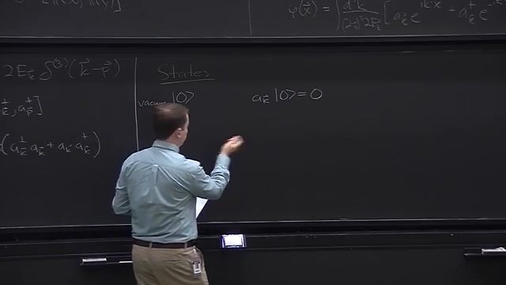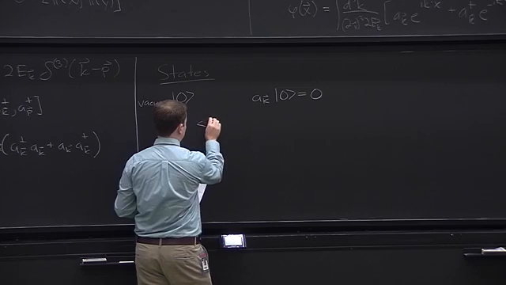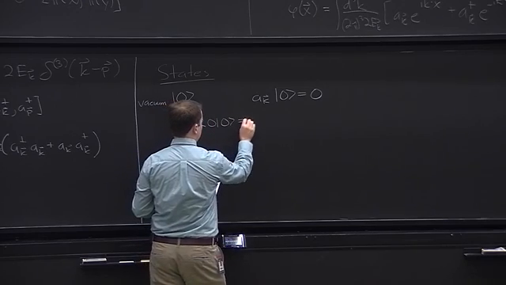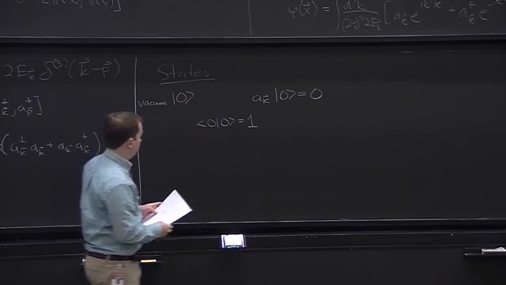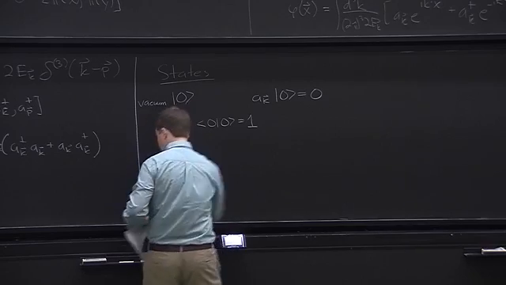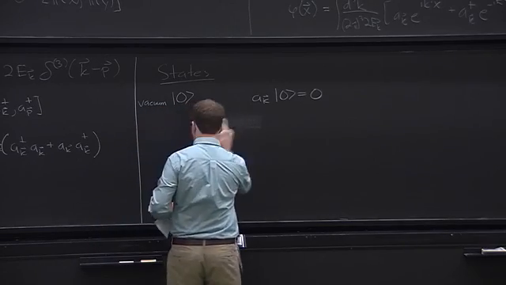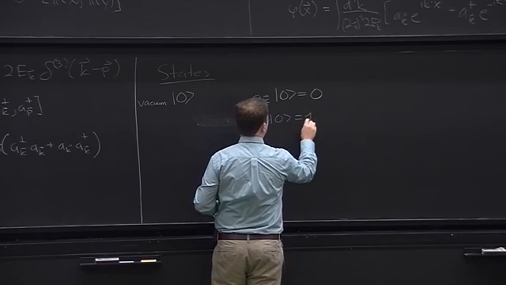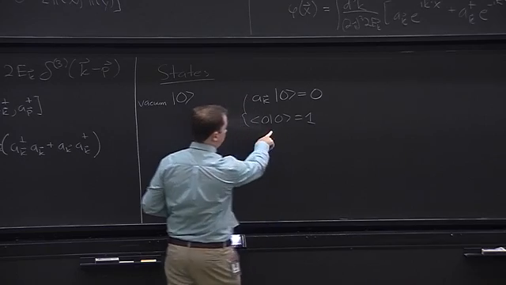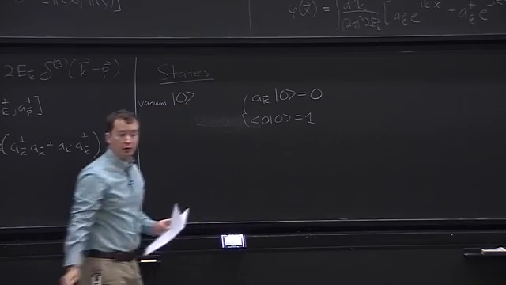And we can choose a normalization for the state, and a convenient choice is just to choose it to be unit normalized. So these two properties define what we mean by the vacuum.